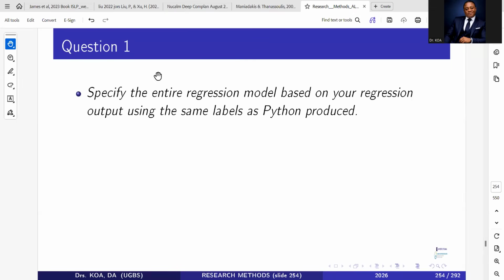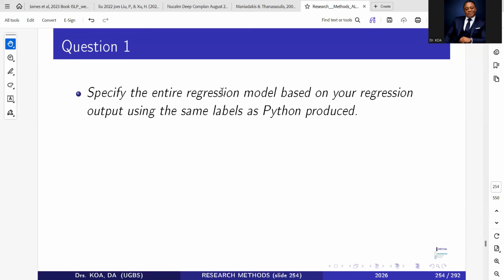So kindly specify the entire regression model, write it down. What does it mean to specify the entire regression model? Anybody who has an idea can raise a hand, but I'm still talking. When you say specify the entire regression model, the question wants you to write the model using the beta parameters and the names that were used.